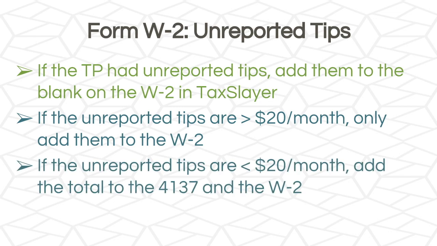If they are less than $20 a month, then we're going to add them to Form 4137 and the W-2. And this is because unreported tips that are less than $20 a month are exempt from FICA tax. So when we're adding those tip amounts to Form 4137, we're actually exempting them from the FICA tax on page 2 of the 1040.